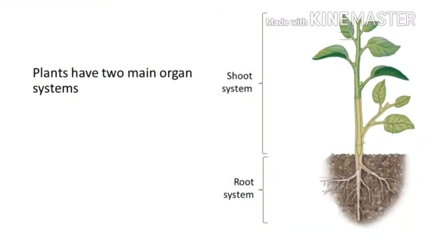The part above the soil is known as shoot and below the soil is root. Water is absorbed from the soil by the roots. What is the function of root? The root absorbs water from the soil.